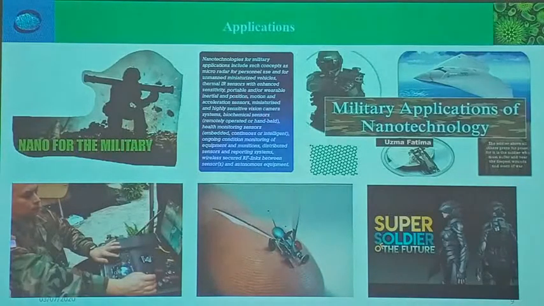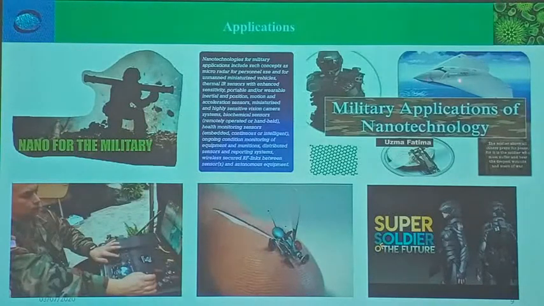So they can be used easily, using nano electronics, nano components and nano devices for security purposes, like signal sensing, remote sensing, signal processing units and radar systems.